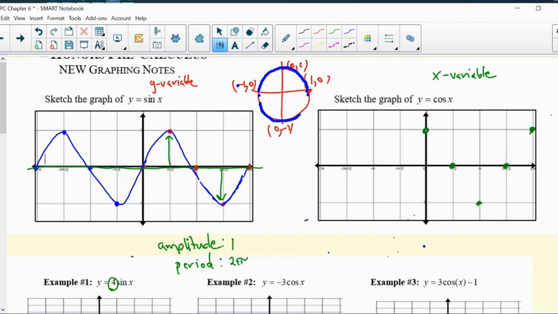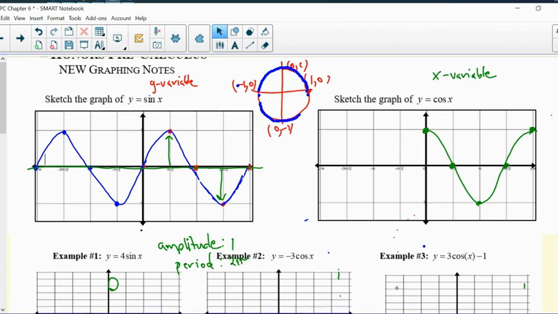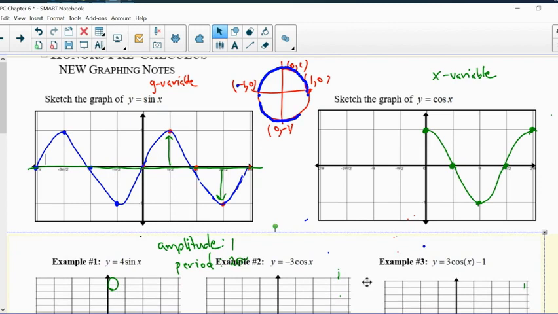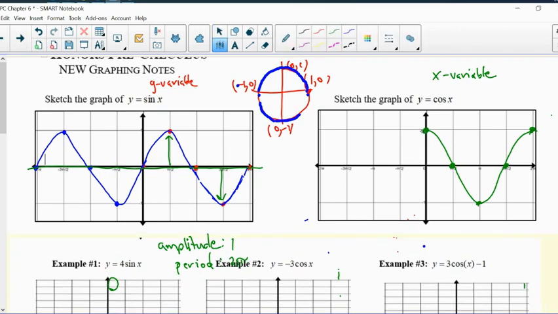So again, it's that same smooth curve. It just has the start of our amplitude right at 1. I don't know why that part decided to come up. There you go. And then again, we can continue our graph there, continuing to get nice and smooth.